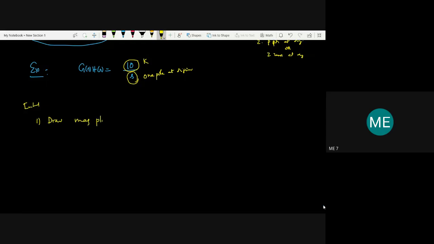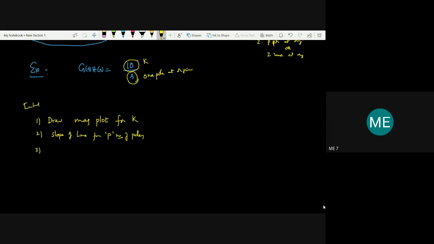magnitude plot for K. Then the second one is we need to represent the slope of the line for P number of poles.